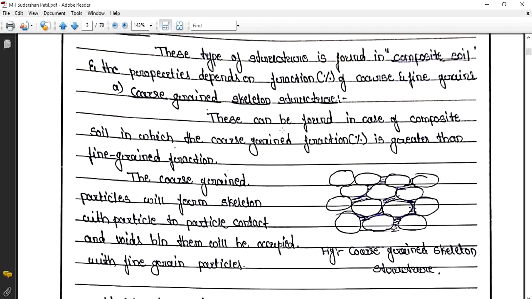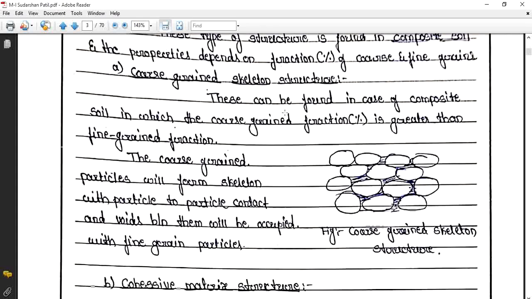These can be found in composite soil in which the coarse grained fraction is greater than the fine grained fraction. Whenever the coarse grained fraction is greater than the fine grained fraction, coarse grained skeleton structures are going to form.